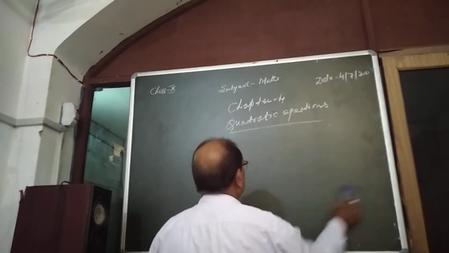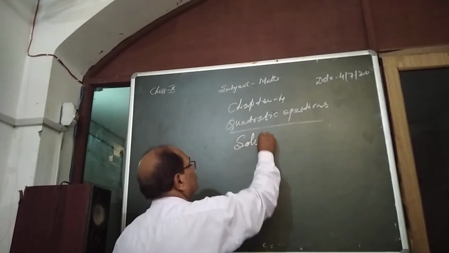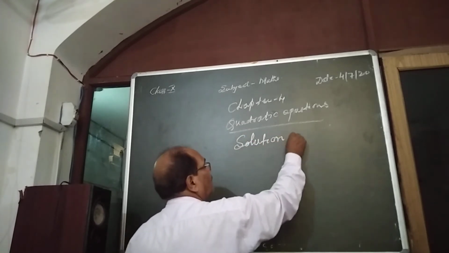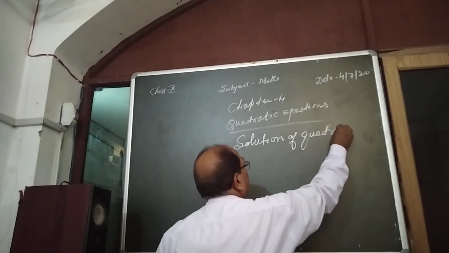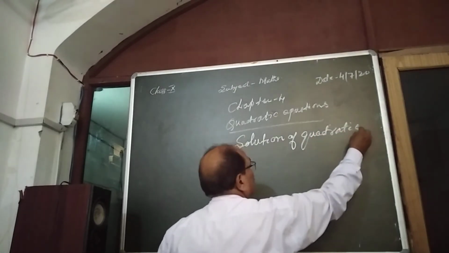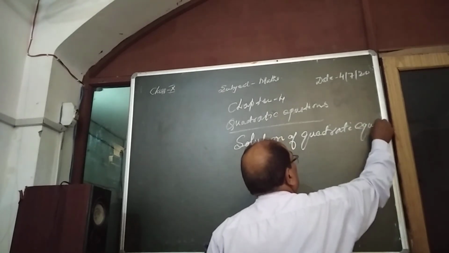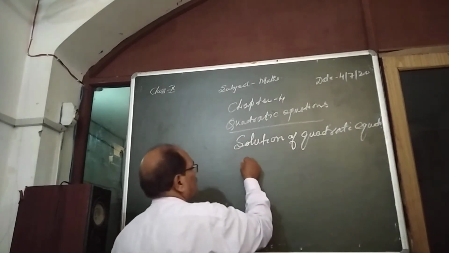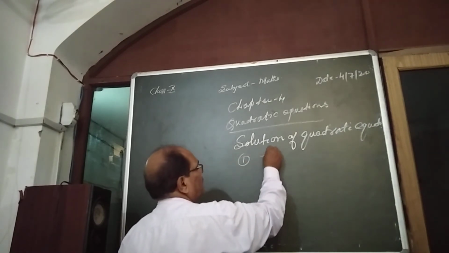And then, after that, the solution of the quadratic equation. There are three methods of solution. One is called the factorization method.